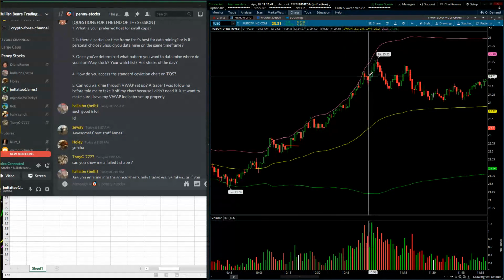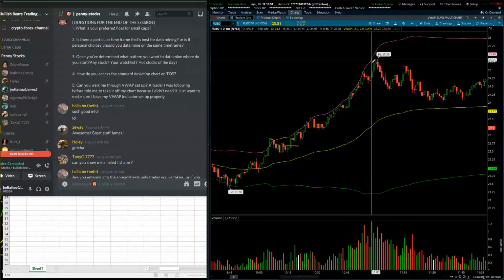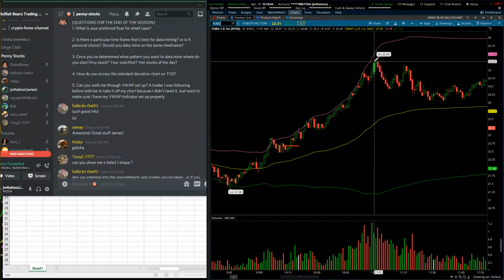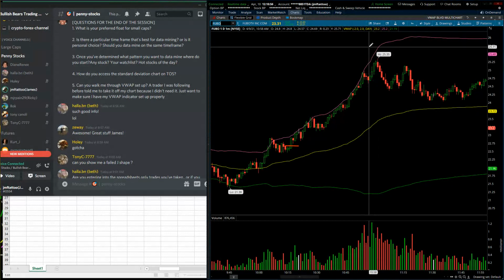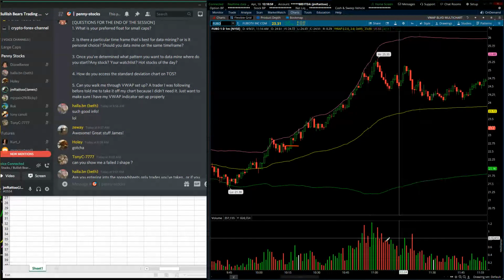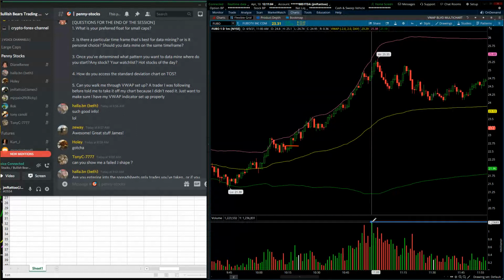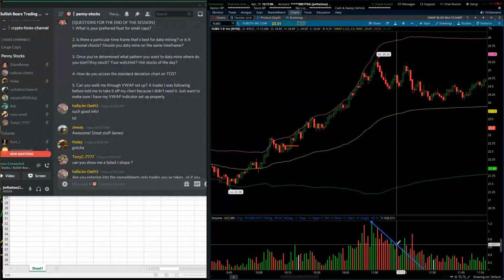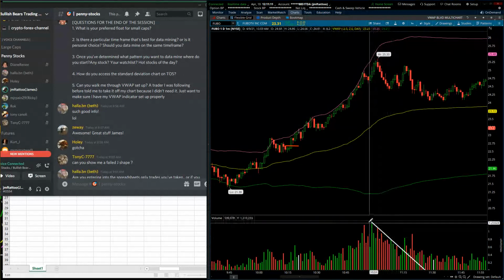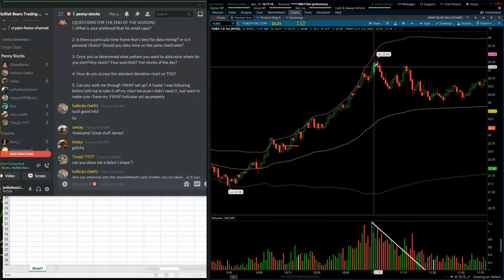That is a hint right there that, okay, price flagged down, started to move back up again, but now we're lacking a little momentum. Okay. And what is price starting to do? Volume is starting to diverge from what price is doing right there.